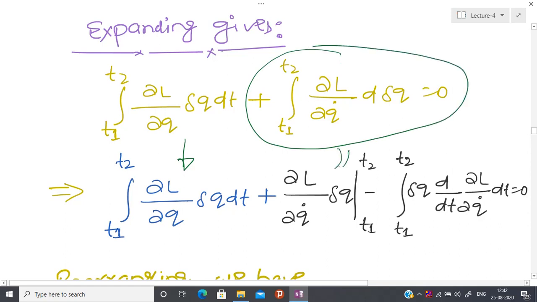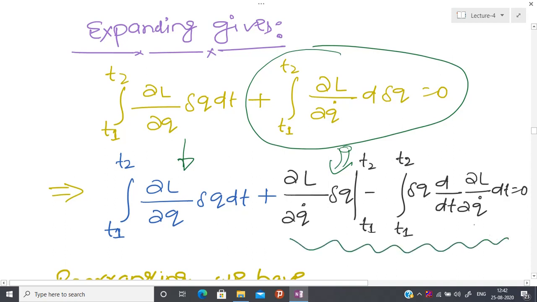So if you take the integral by parts, then I have dou L by dou q dot, and after that dq, integral t1 to t2, and minus, and after that I have to take the derivative of this function and the integral of this, and after that again. So just what I have done, I have used integration by parts here.